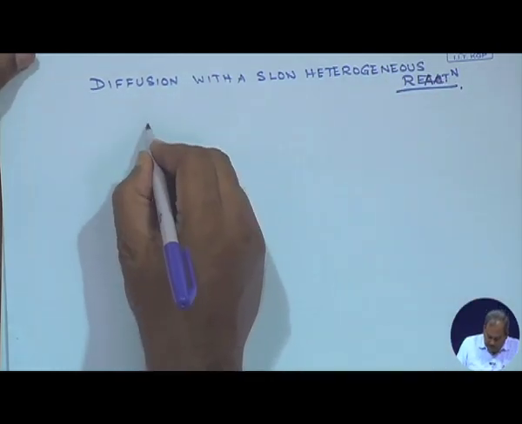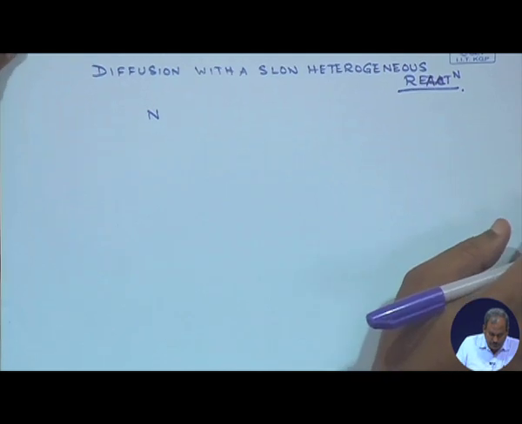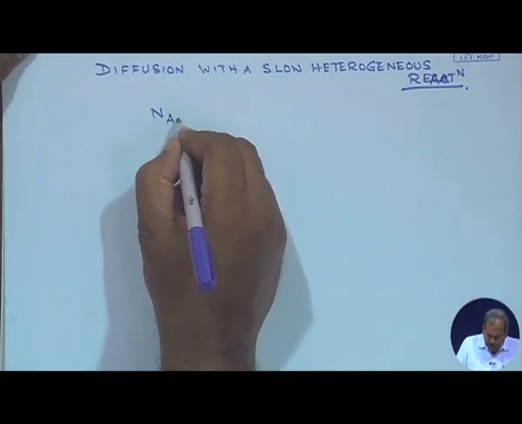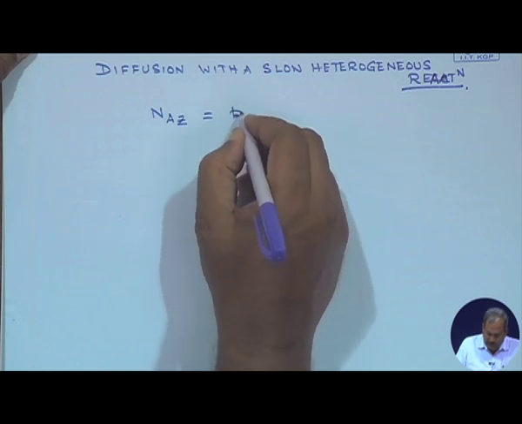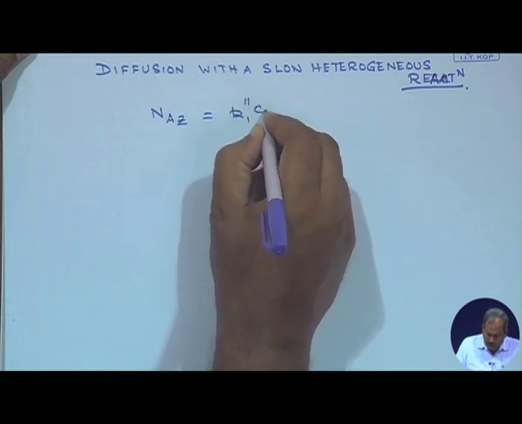So, let us say that the rate at which A disappears on the surface is given by this rate expression.